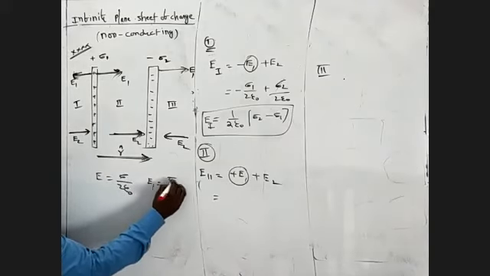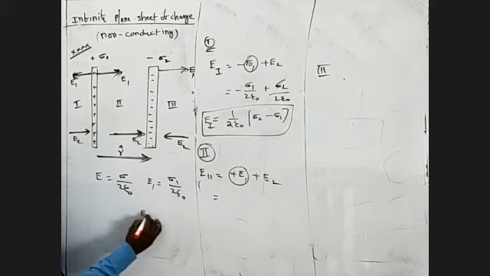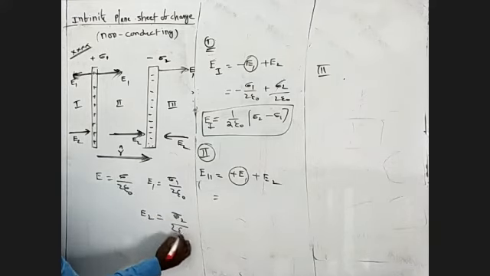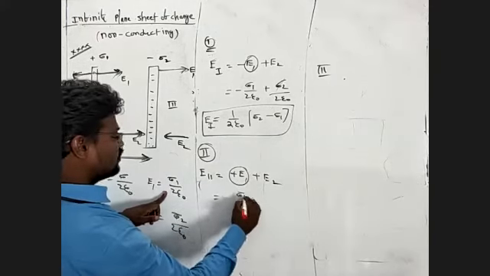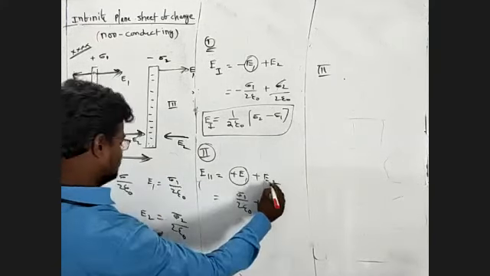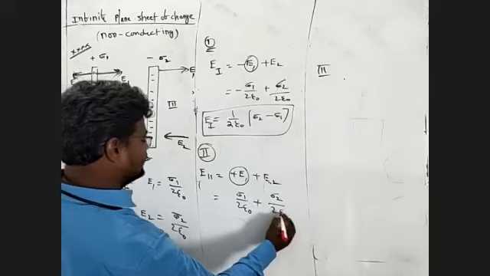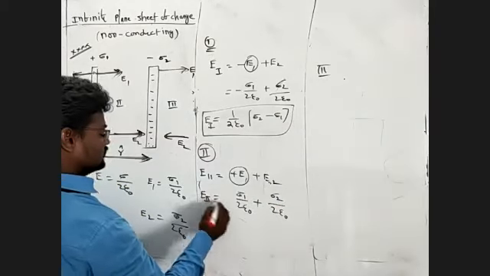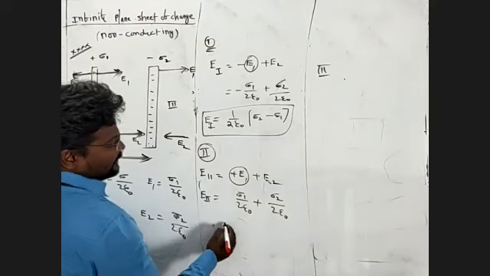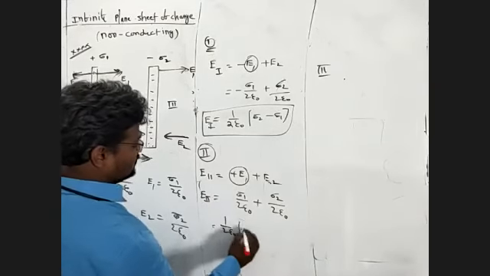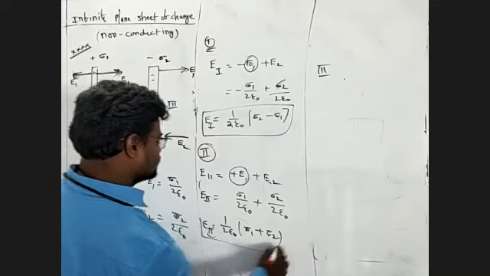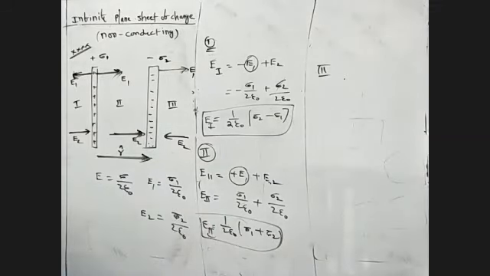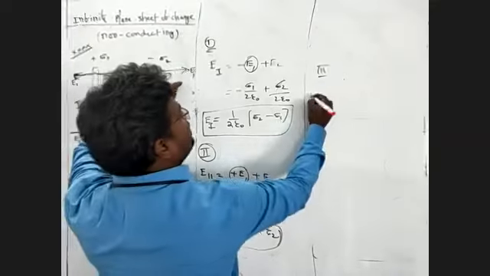E1 means sigma 1 by 2 epsilon naught and E2 means sigma 2 by 2 epsilon naught. So it becomes 1 by 2 epsilon naught times sigma 1 plus sigma 2. This is E in region 2.